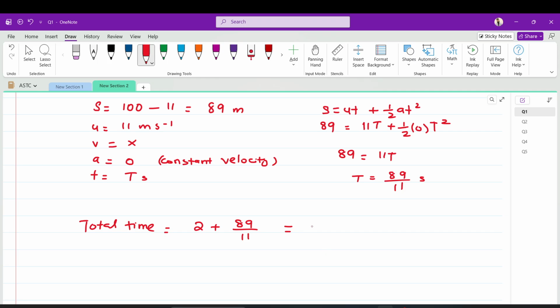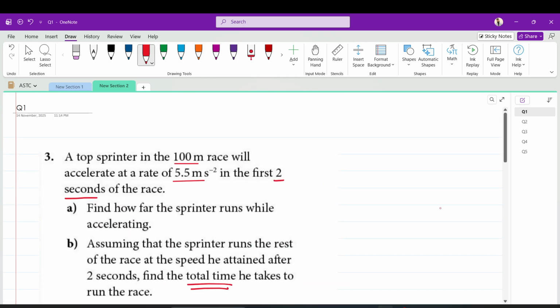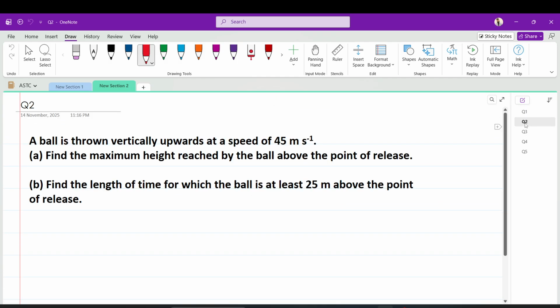So our answer will be 10.1 seconds to 3SF. Remember, if your answer is non-exact, then round it off to 3SF. So that is the end of question number 1. Let's move to question number 2 now.